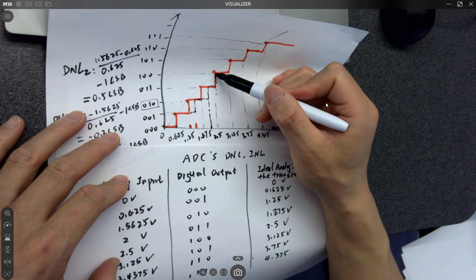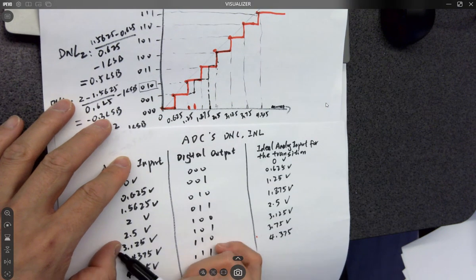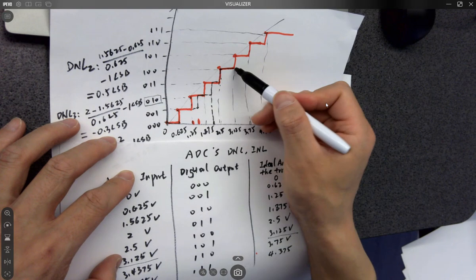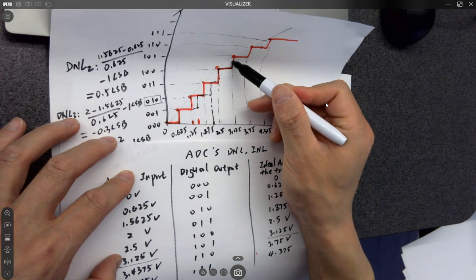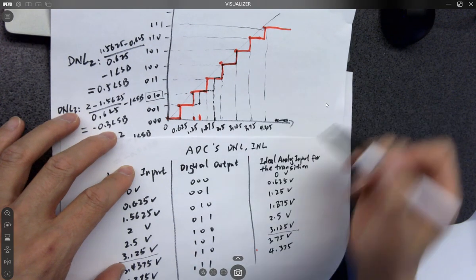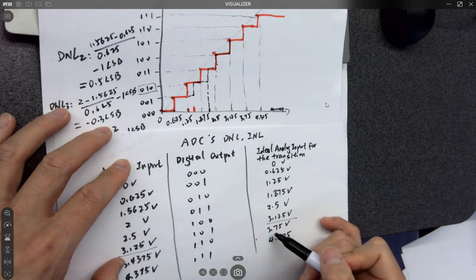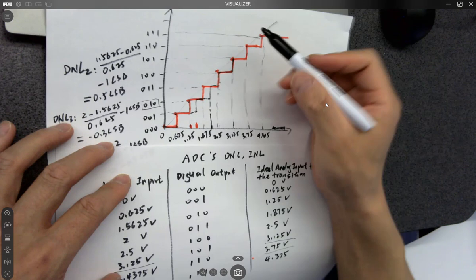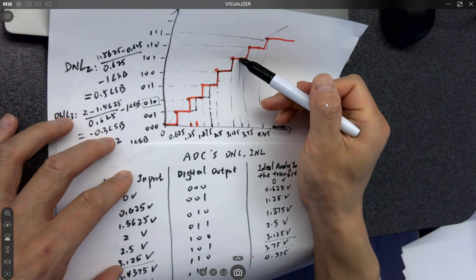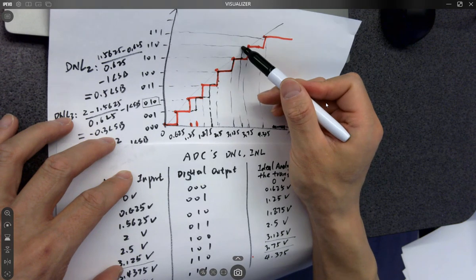And then it keeps going. 0.125, no problem. So it happens at 0.125, then jump. Then 3.4375 instead of 3.75. So it happens here, okay, and it jumps to here.